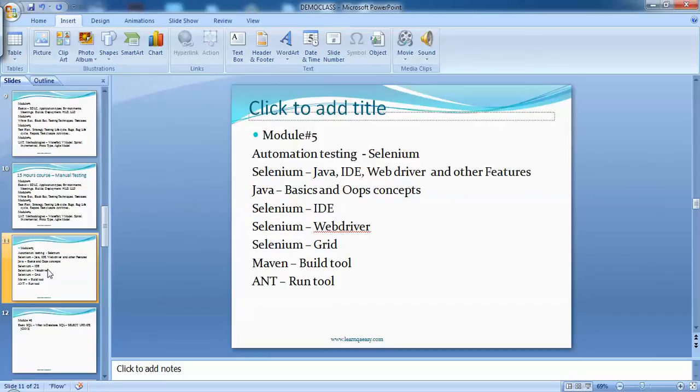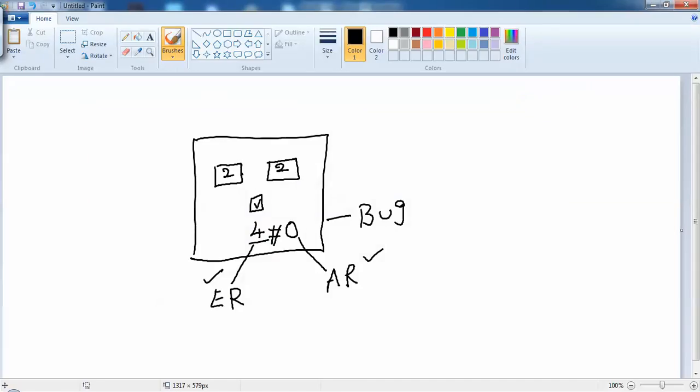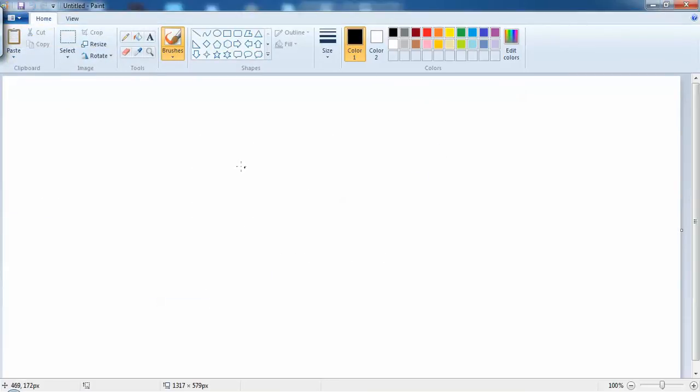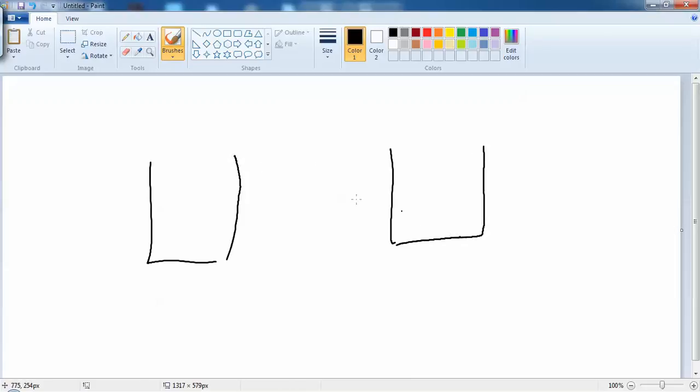What is manual testing and what is automation testing? Let me explain with one example. For example, I'm having two wells. Each well is having 5000 liters of water.